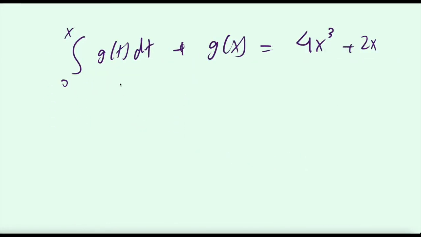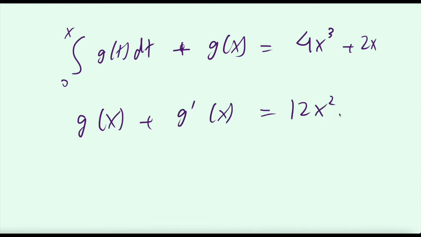Okay, so this is what we have. Now we'll differentiate again, because we prefer not to have integrations in our equations. They're just more convenient. So we differentiate again, and this time we can directly remove the integral by differentiating. So g(x) plus g prime(x) is equal to 12x squared plus 2.